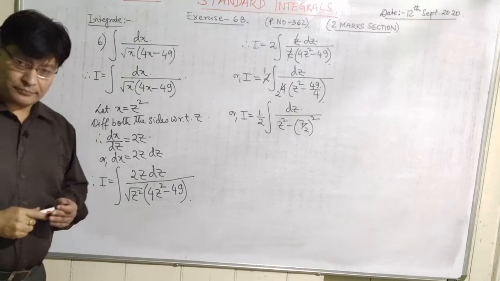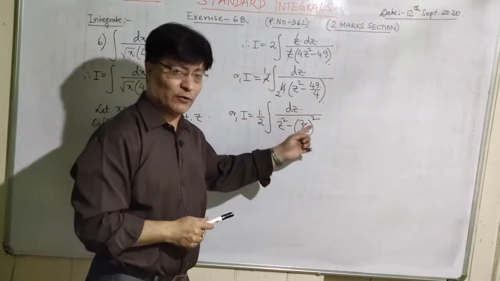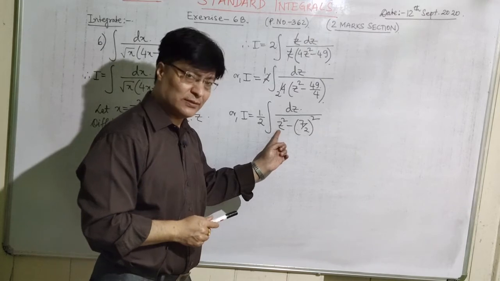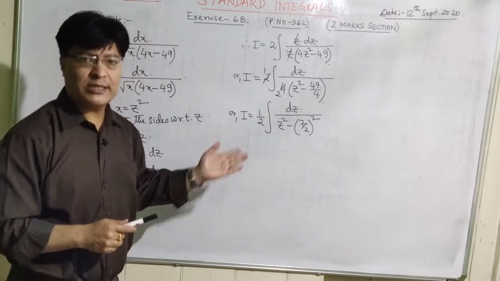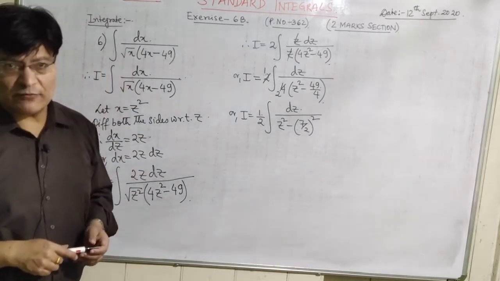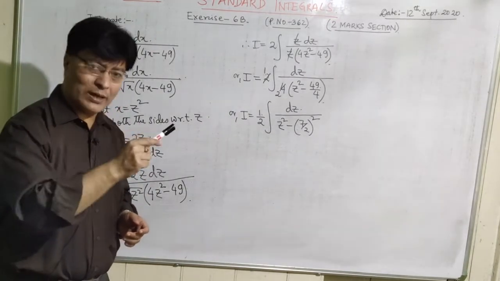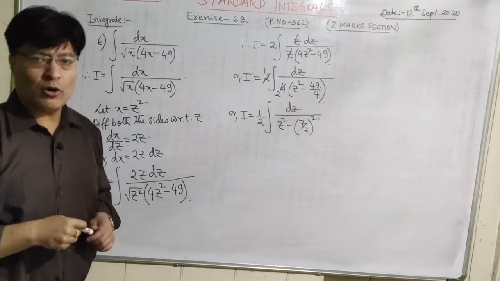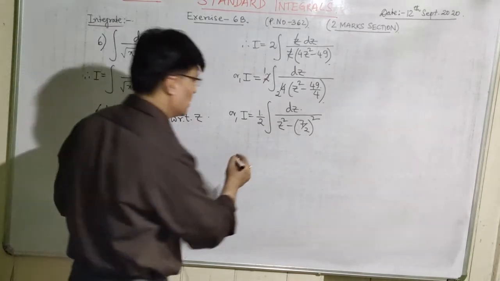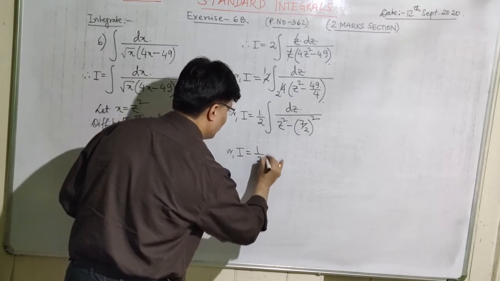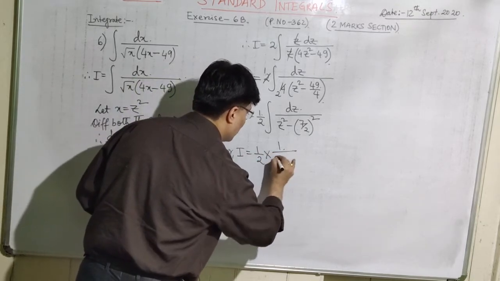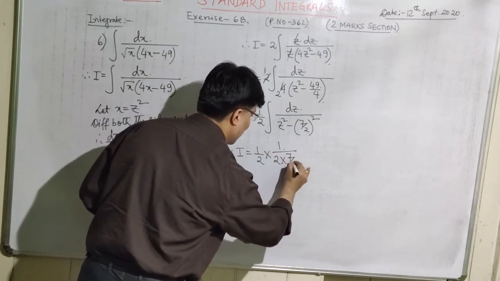Is that clear? Now this is a standard form. Instead of x there is z, instead of a there is 7 by 2. So which standard form is this one? This is the second standard form, which is 1 by twice a log within mod x minus a upon x plus a. So I is equal to half into 1 upon 2 into a.